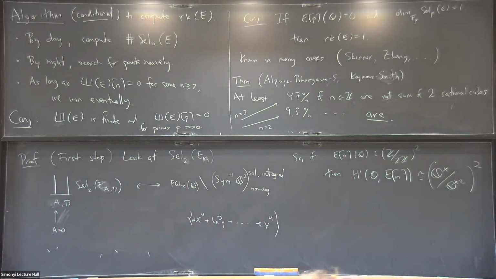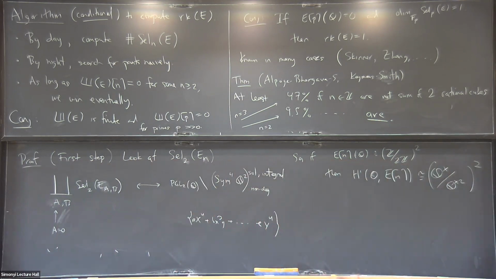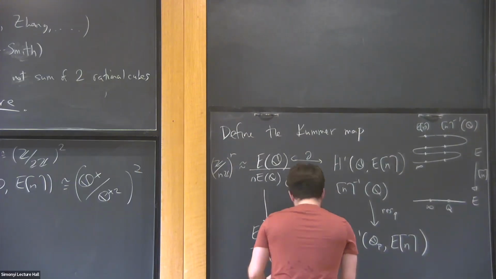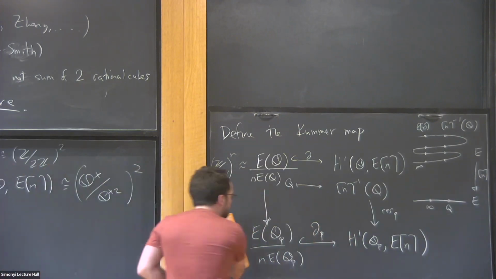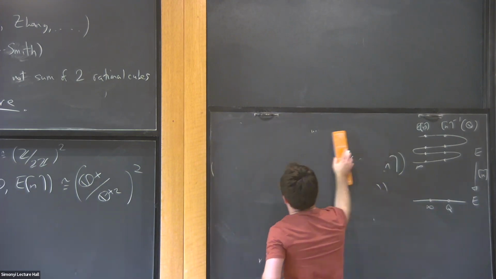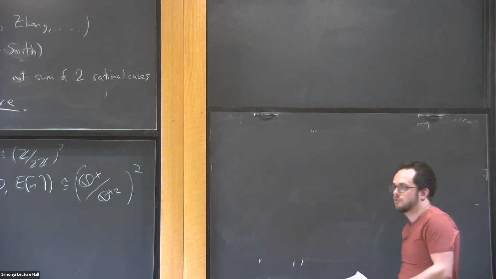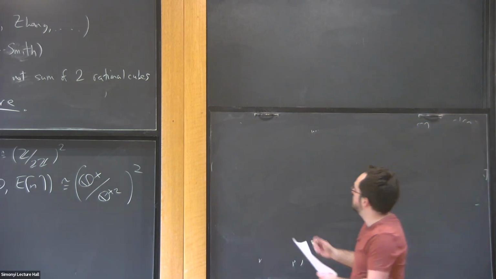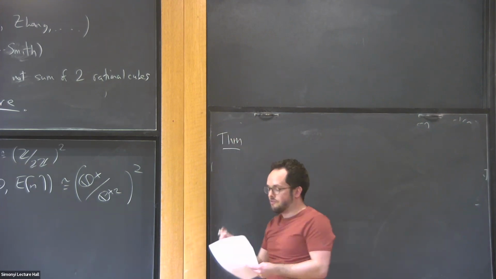Now, let me transition to Hilbert's 10th, which is basically the opposite problem. So what this is showing is that for curves, elliptic curves at least, there should be an algorithm. Maybe it's only conditional, but we expect that there is an algorithm to find the solutions. Hilbert's 10th problem is just about any Diophantine equation.